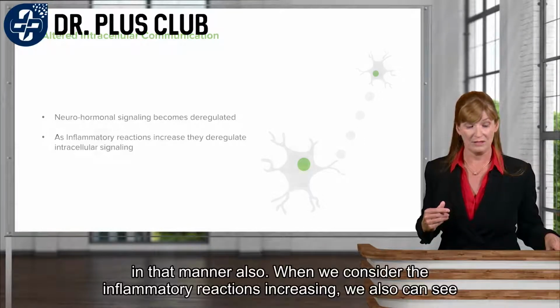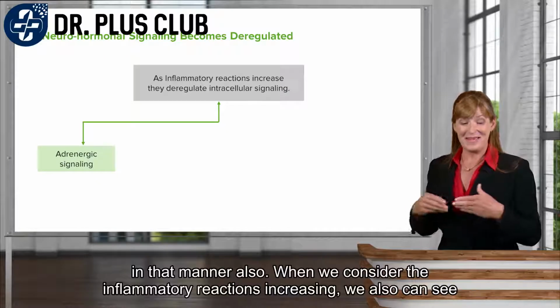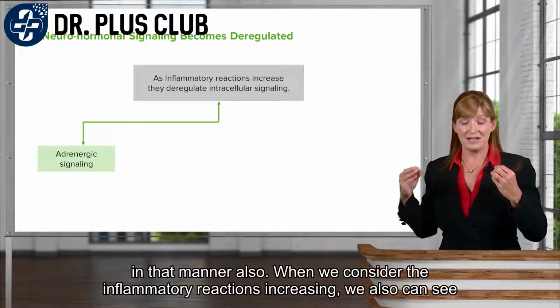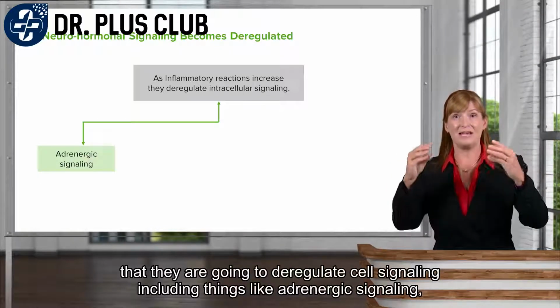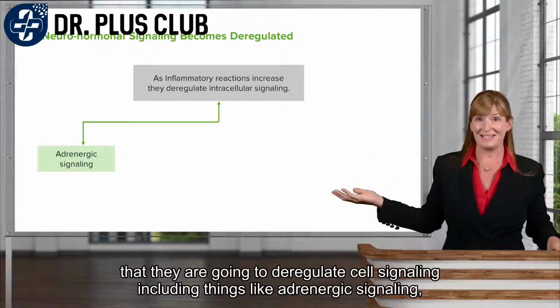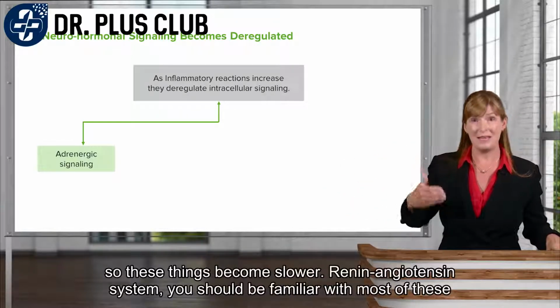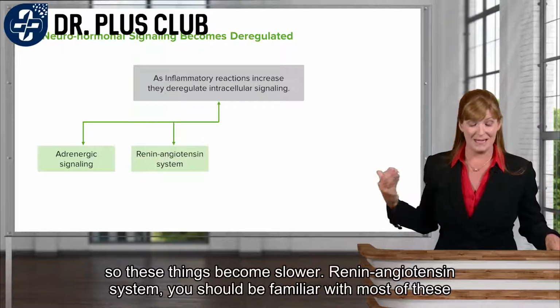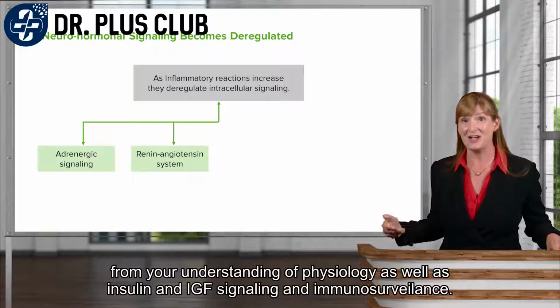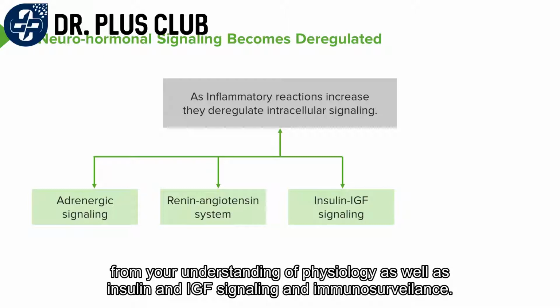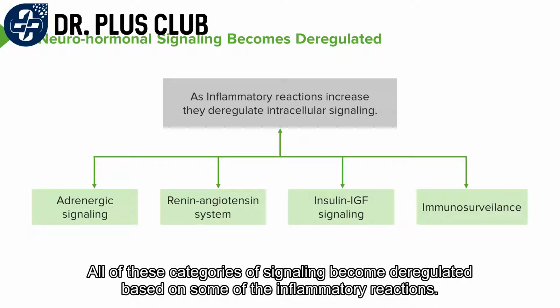So when we consider inflammatory reactions increasing, we can also see that they are going to deregulate cell signaling, including things like adrenergic signaling. So these things become slower. Renin-angiotensin system, you should be familiar with most of these from your understanding of physiology, as well as insulin and IGF signaling, and immunosurveillance. All of these categories of signaling become deregulated based on some of the inflammatory reactions.